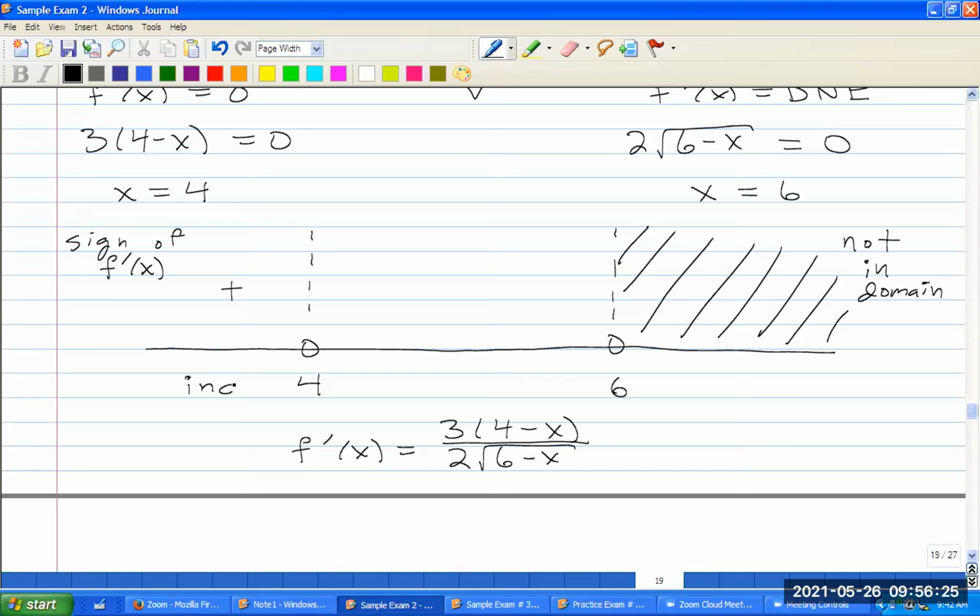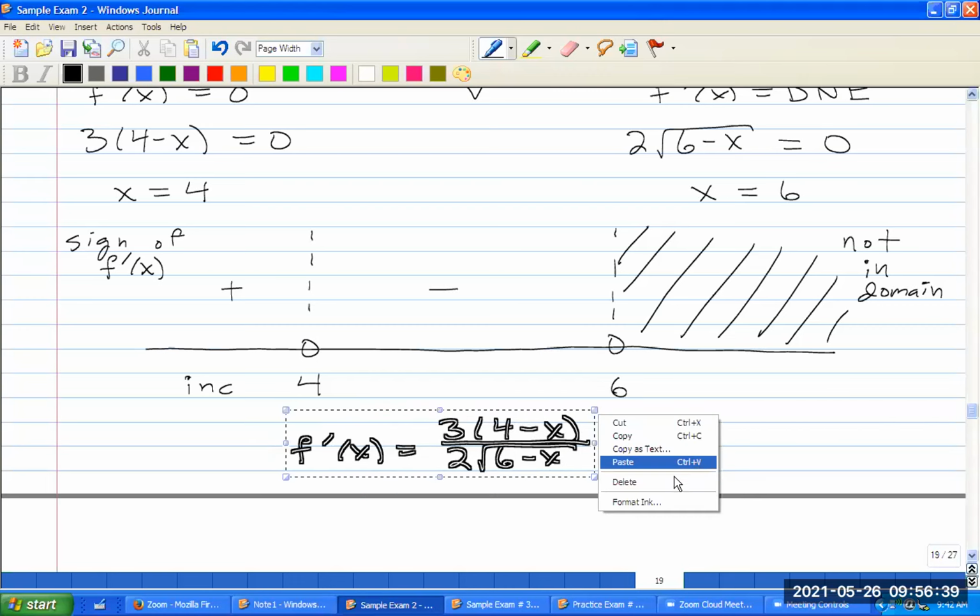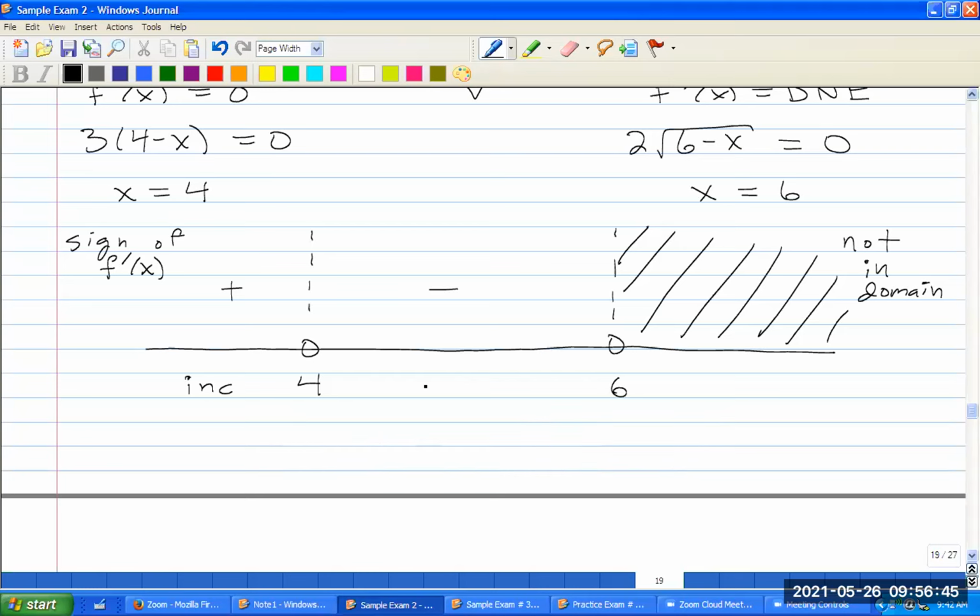Take a number between 4 and 6, let's say 5. Negative over positive is negative, so it's decreasing.